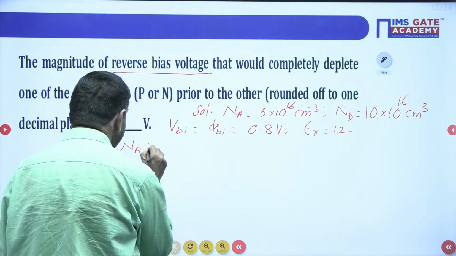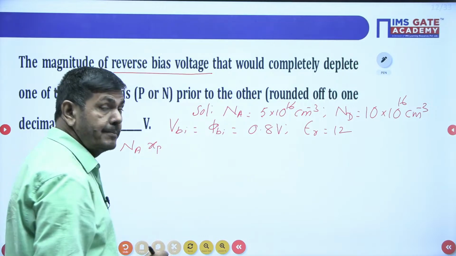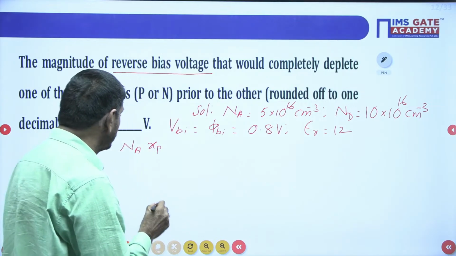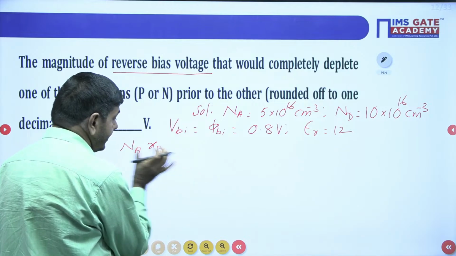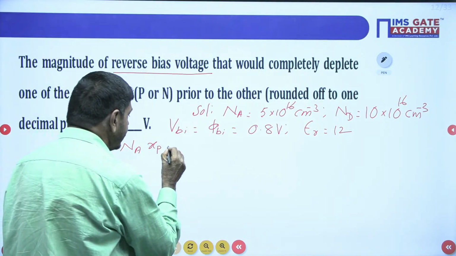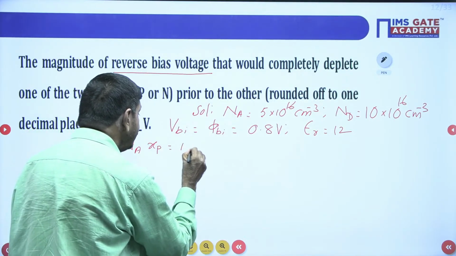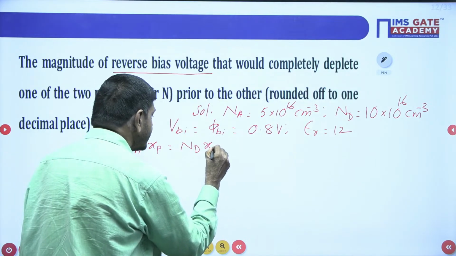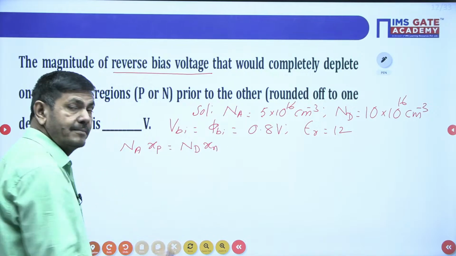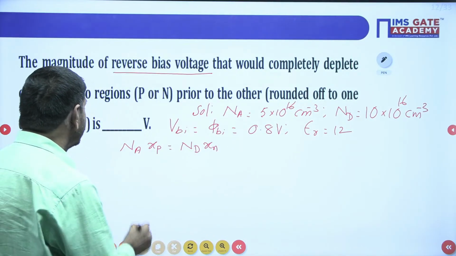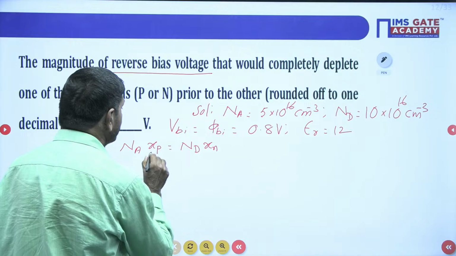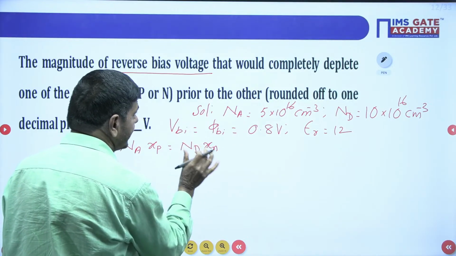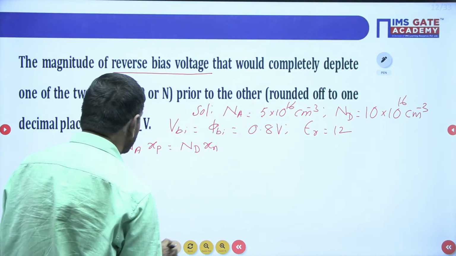NA, the acceptor concentration, into the width in the P region, is equal to ND into XN. This condition is satisfied in any PN junction diode. In this case, NA is given, so I want the relation between XP and XN. Using that relation, I can do the question.